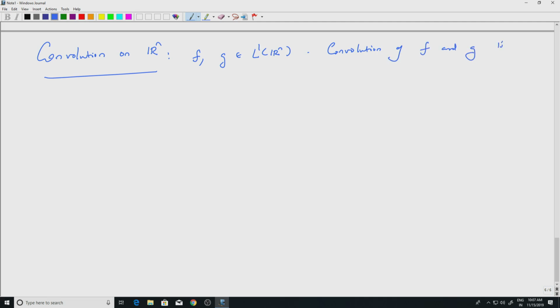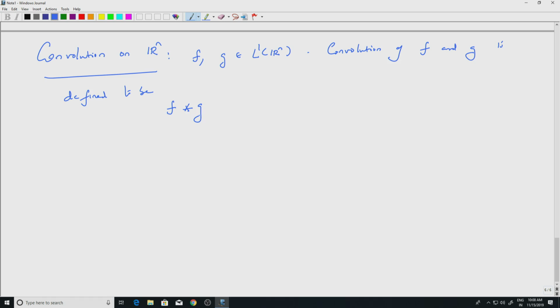Okay, so another application, that's called convolution on Rn. So we'll use Fubini's theorem again. Let's take f and g in L1 of Rn. The convolution of f and g is defined to be another function, which we'll denote by f star g.